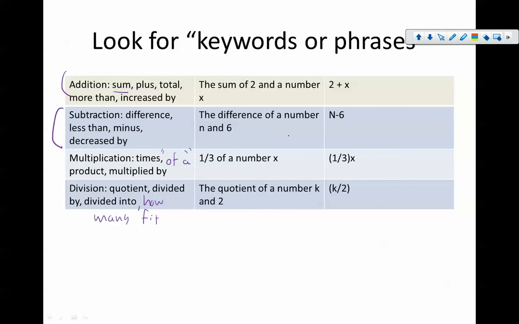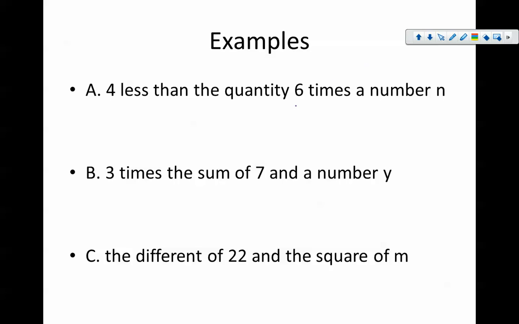We're saying it's 4 less than this. So we're going to start with 6 times the number n, 6n, and we want 4 less than that. So 4 less than that would be 6n minus 4, right? There's the quantity 6 times the number n, and that's 4 less than that.